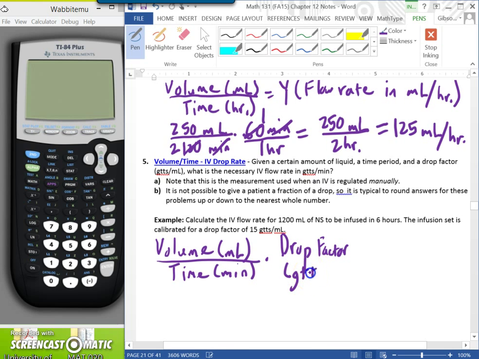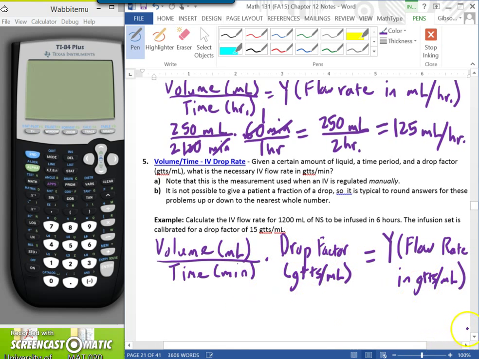This will be measured in GTTS/milliliters. And then this will equal Y, which is the flow rate, in GTTS per minute. So this is the basic formula.